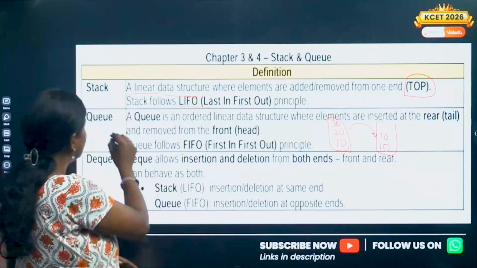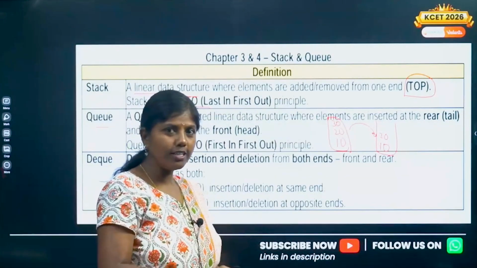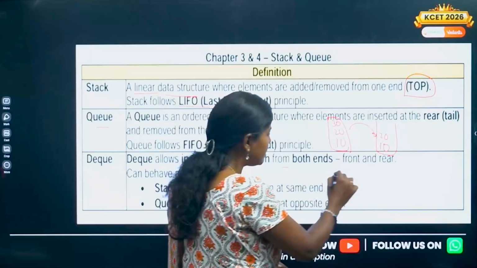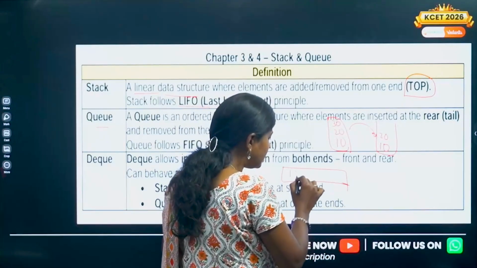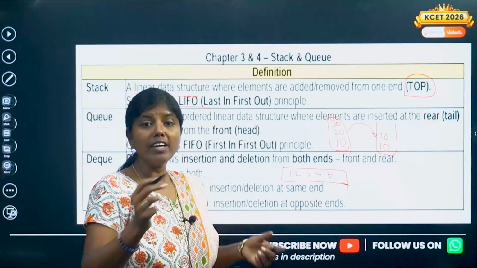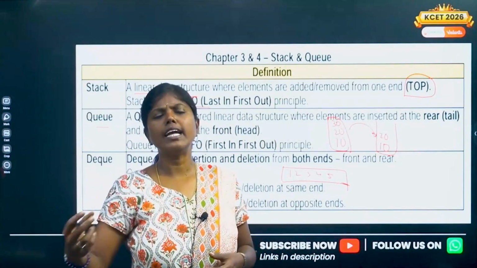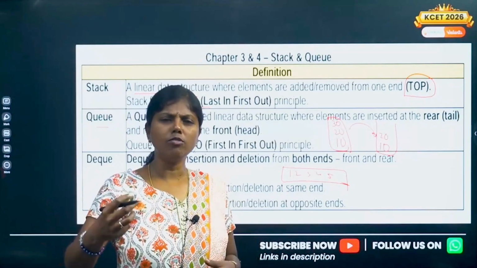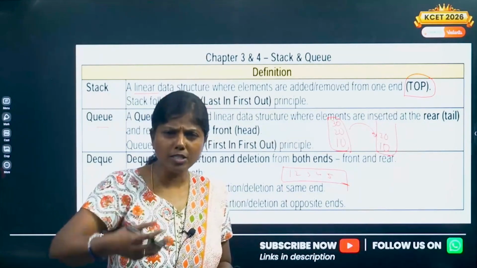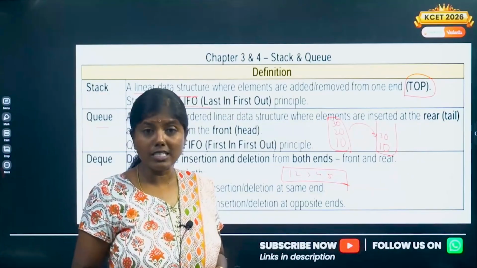And what is a queue? A queue is also a linear data structure wherein the elements are inserted and removed from both the ends. Here we have two ends. Let's consider a queue of people waiting in a bank to deposit some money.